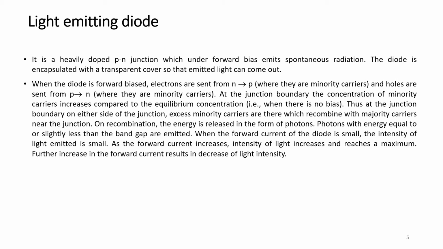At the junction boundary, the concentration of minority carriers increases compared to the equilibrium concentration, that is, when there is no bias. Thus, on either side of the junction, excess minority carriers are there which recombine. Please note, minority carriers recombine with the majority carriers near the junction.